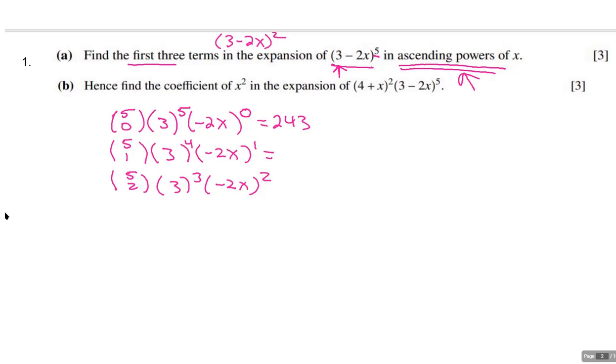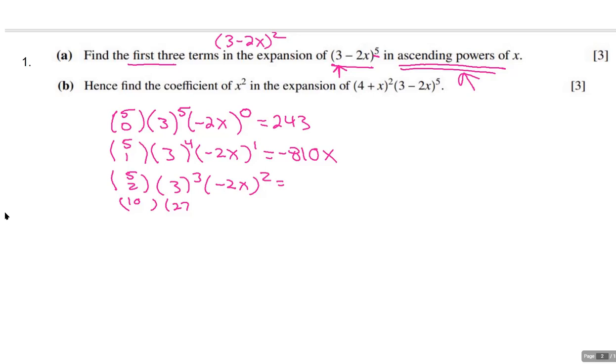I got negative 810x. Negative 810x, because you notice this is x, right? All right, so then I don't know what 5 choose 2 is. What's 5 choose 2? 10. So this is going to be 10 times 27, right? 3 to the third, 27.